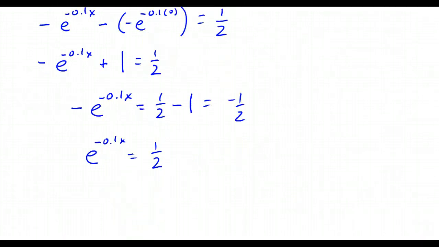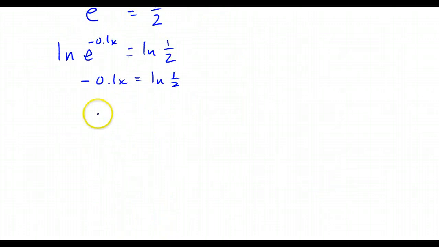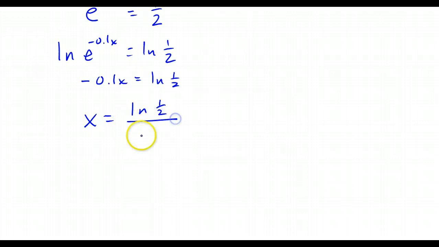And now we just have a simple exponential equation to solve. I'm going to take the natural log of both sides, and the natural log of e to the negative 0.1x is negative 0.1x. And I get x equals the natural log of 1/2 divided by negative 0.1.